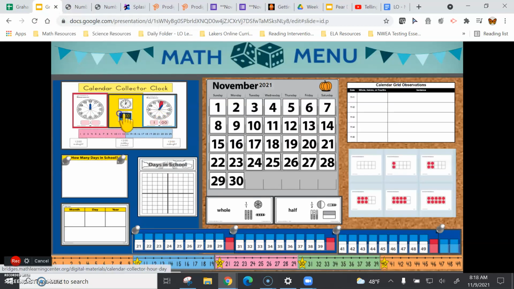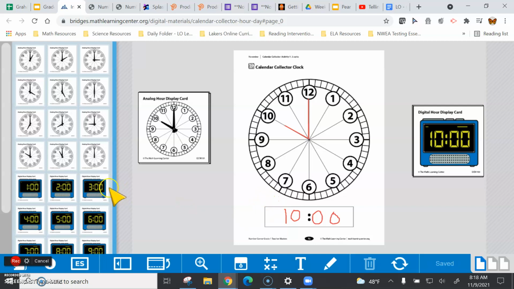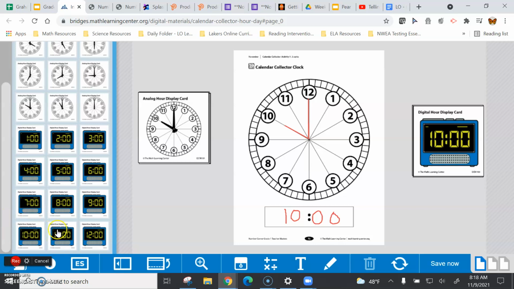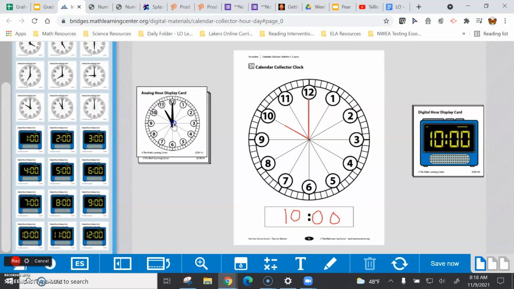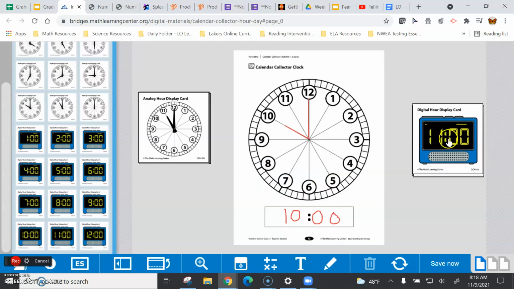As we continue, we're going to add another hour to our clock. We were at 10 o'clock, so now we are going to add another hour, which makes it now 11 o'clock on our analog clock. And we'll grab the 11 o'clock card for our digital clock.